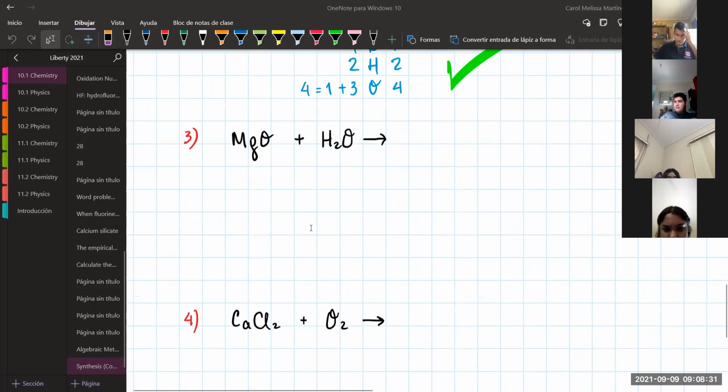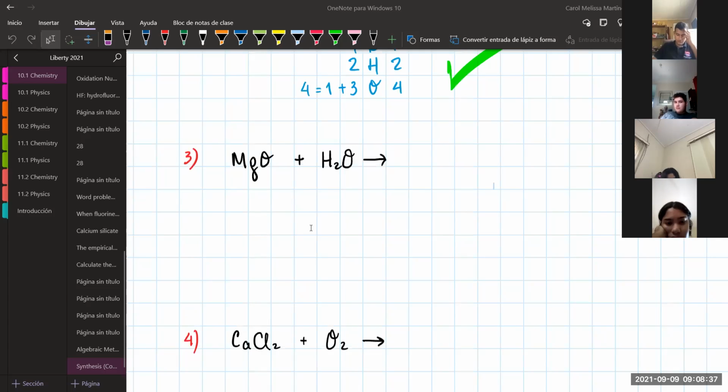Now, what do we have in the third example? What is this? Is this a non-metal oxide or a metal oxide? Metal oxide. You have metal oxide and water. Now we need to see what rule applies to this.